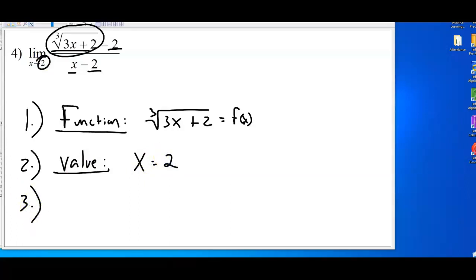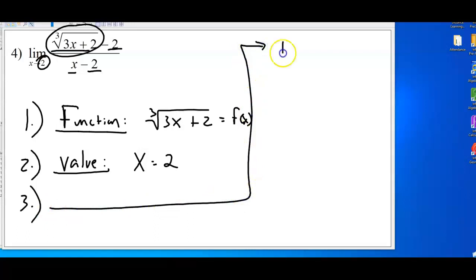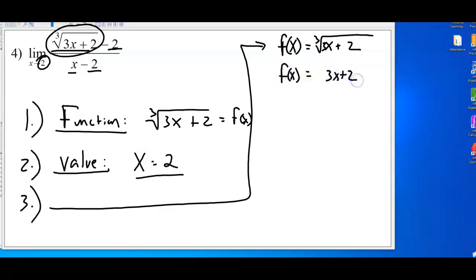And then finally, we're going to evaluate this using our shortcut methods, okay? So here we go. Once again, I'm going to show my work over here, so I'll need a little bit more room. So since this limit represents the derivative of this function, I'm going to use my shortcuts to find the derivative of this function at this value. First of all, before I even find the derivative, what we learned from Unit 1 is that we don't like our derivatives written as radicals.